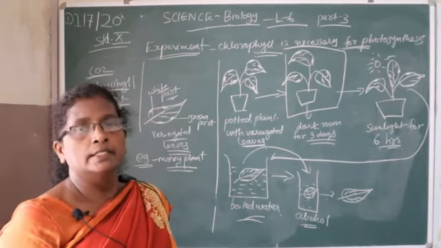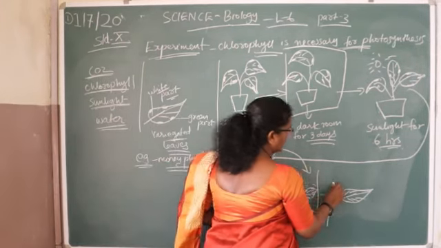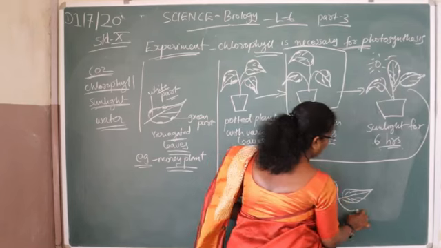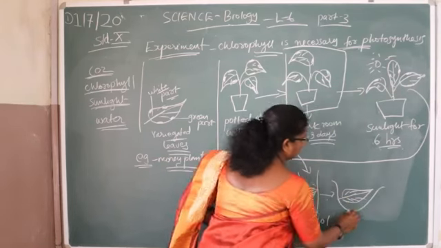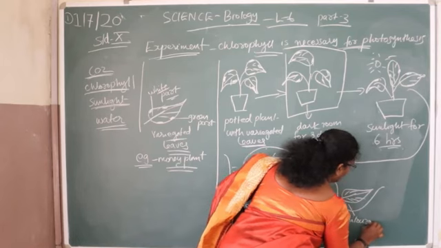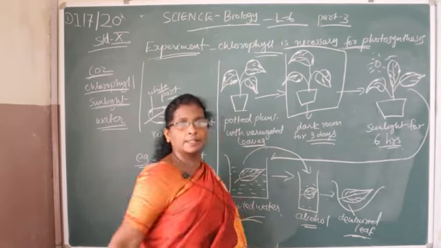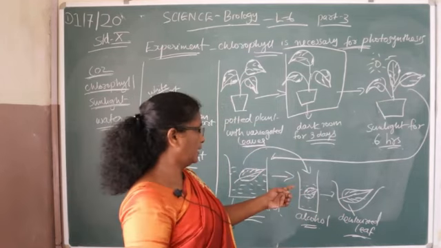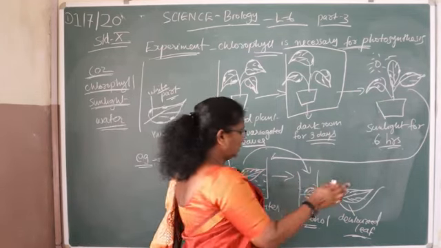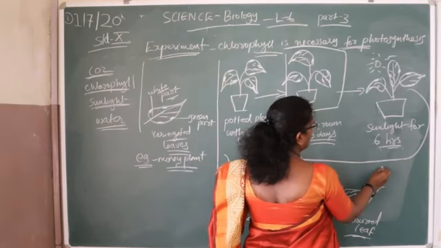Then the next step, transfer this decolorized leaf into a petri dish.